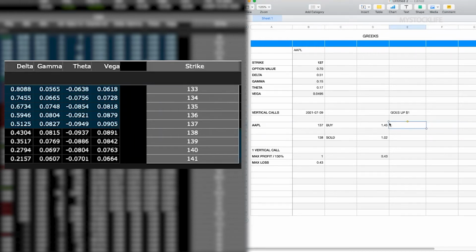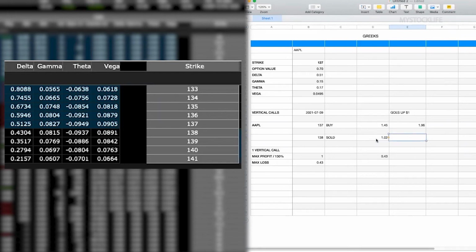If Apple goes up $1, the 137 call is 1.45 plus 0.70, the delta. Nope, the delta right here is below 51 cents, not 70. Oh yeah, sorry, 51 cents. Thank you, Gopi. So it equals 1.45 plus 0.51, $1.96.